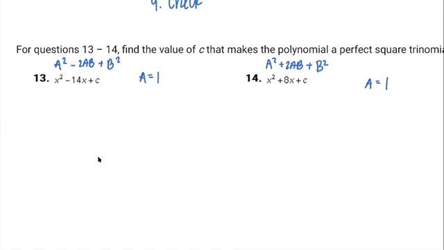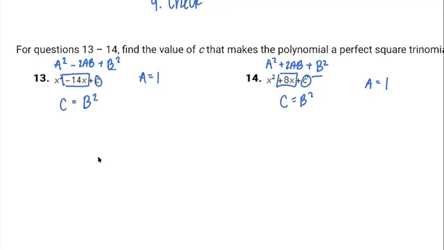Well, in this example, c is equal to b squared in both. Now what we can do is use this middle term to figure out the value for b.